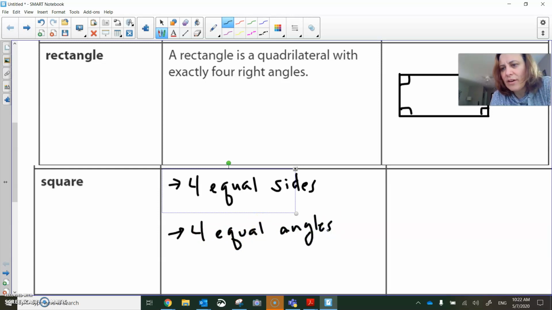And a four-sided figure, if you add up the angles, you always get 360 degrees. So if you have four of them that equal each other, then 360 divided by 4 is 90. So that means they are all 90 degrees.